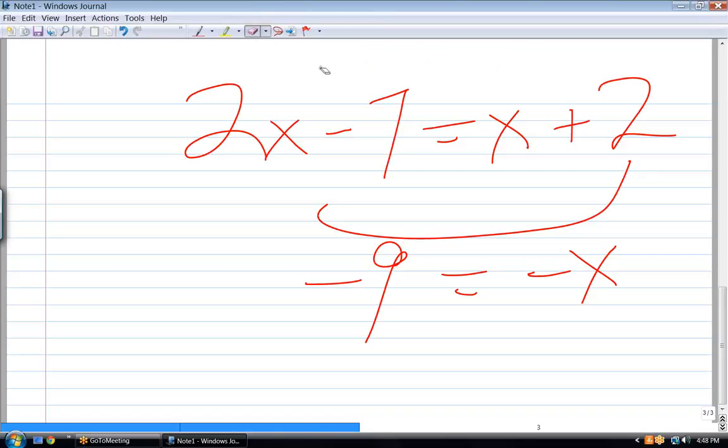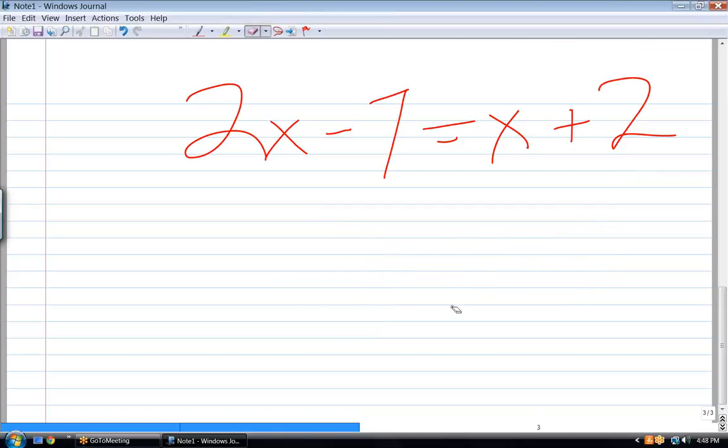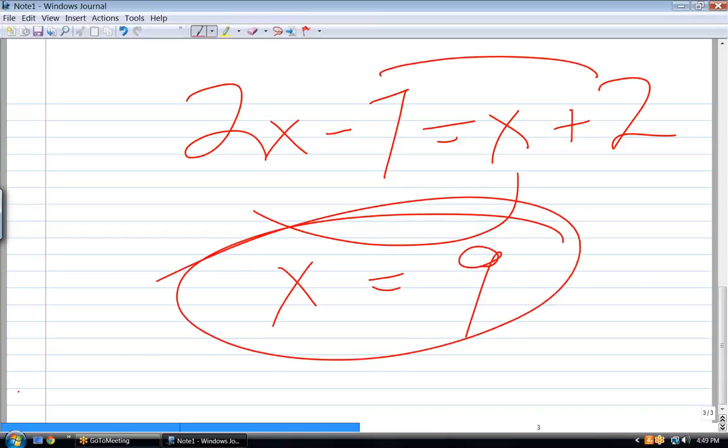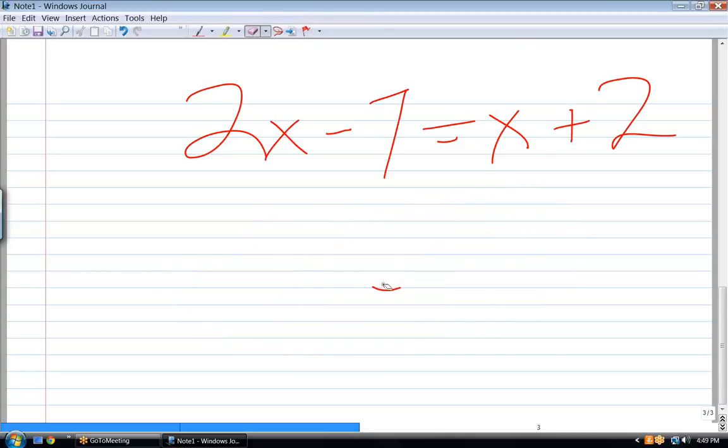So the moment I look at this problem, I can see that I want to move this x to the left. So I'm going to end up with x. I'm going to move the 7 to the right, all positive numbers. Just a tip to use when you're solving some of these.